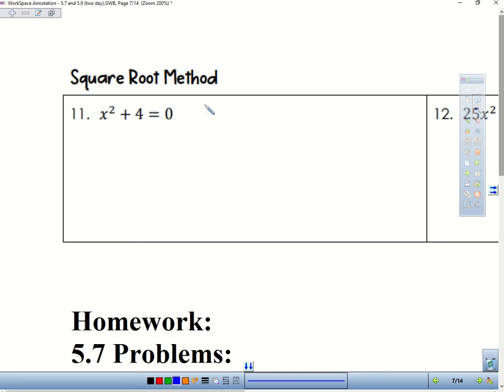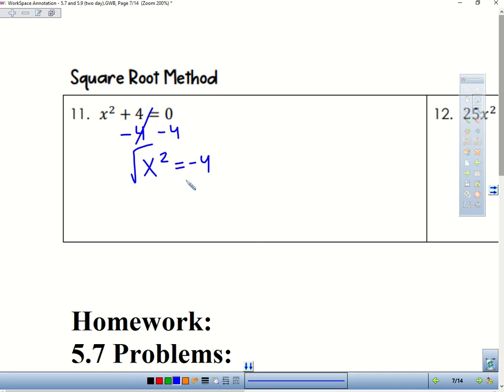Okay, so this is probably the easiest method of them all. This is square root method. We use square root method by getting everything to opposite sides. Basically, you leave just the variable on one side. So you're going to subtract 4 on both sides. So wouldn't it just be like the square root for imaginary?